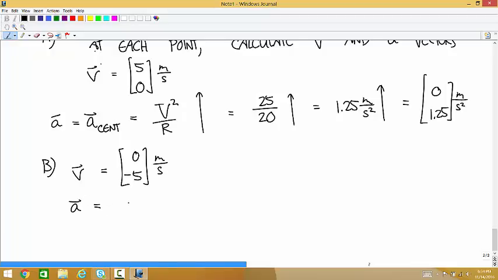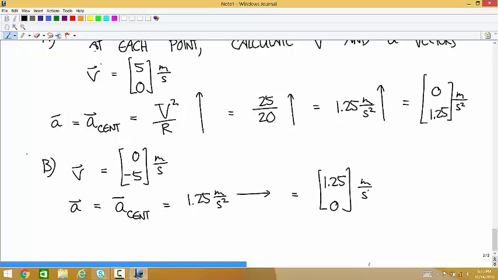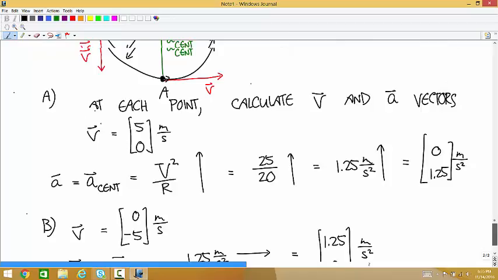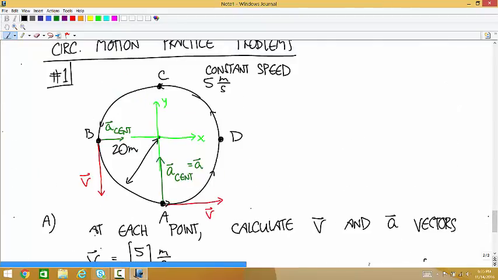And the acceleration is equal to the centripetal acceleration, which is 1.25, because the calculations of the magnitude are all the same. So 1.25 meters per second squared in the positive x direction. So that's 1.25, 0. Okay.